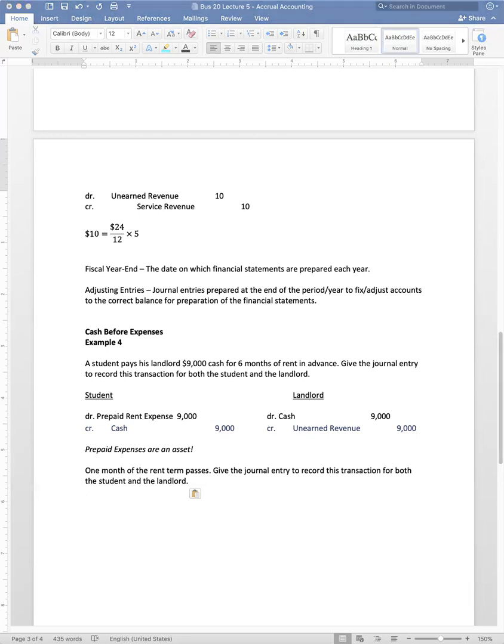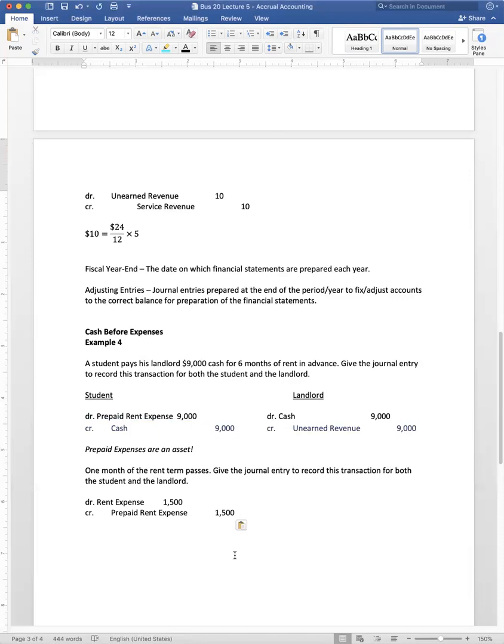All right, now remember, expenses are always debits. So for the student, we're going to debit rent expense. And then a credit is going to decrease our prepaid asset. Right? So we're going to credit the prepaid rent expense. Think of it like if you go buy one of those prepaid phones from Walmart, right?